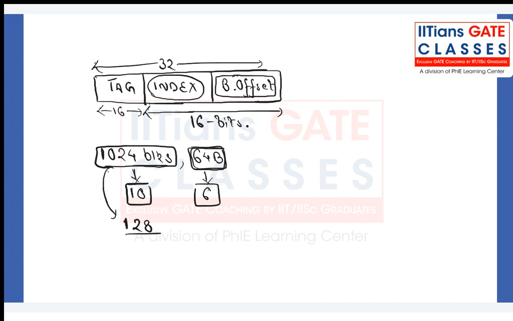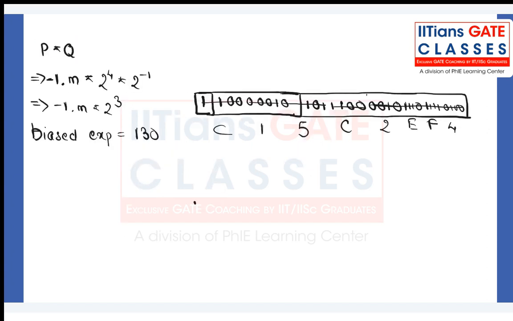So now you need 7 bits for the index, because if it was a direct mapped cache, the index is the block number, so it's 10 bits. Since it's 8-way set associative, the index is a set number, which is 7. So you divide 1024 by 8, you get 128 sets, so 7 bits. So how many bits did you send to the tag? You sent 3 bits to the tag, because instead of 10, it's now 7. So instead of 16, how much will it be? 19 bits. Okay, so that is the right answer.